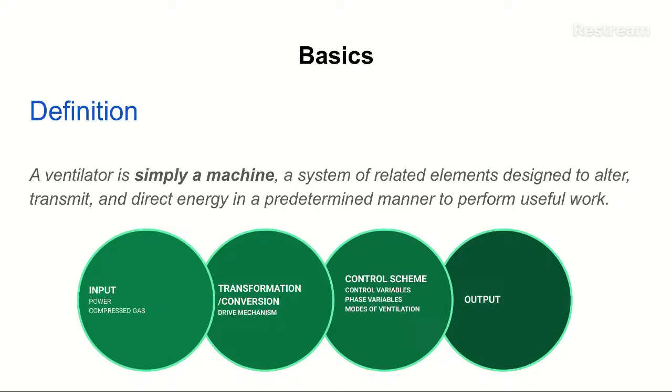A machine has to have some input, it must process it, and then deliver the output. That's the simple definition of a machine. So a ventilator is a simple machine where we give some input, it processes that, and then it delivers an output which is provided to the patient.